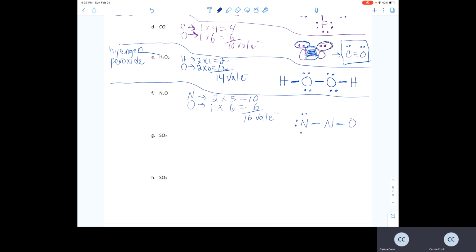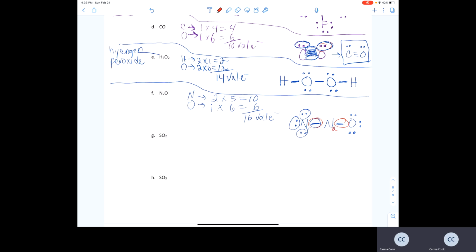So 2, 4, 6, 8, 10, and 12. And then 14 and 16. So we've got our 16 electrons in there. Nitrogen 1 is happy. It's got 2, 4, 6, 8 electrons around it. But nitrogen 2 is unhappy. Nitrogen 2 only has 2, 4 electrons around it.